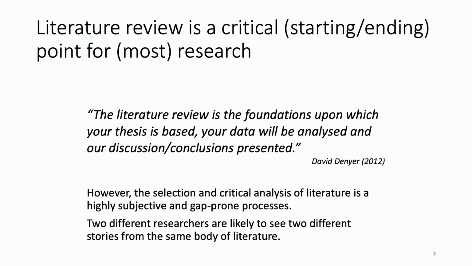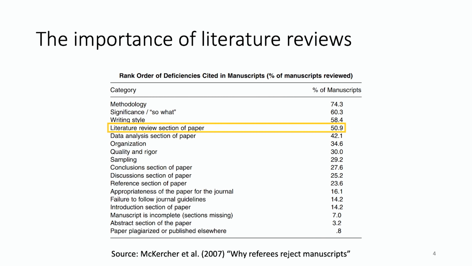But when it comes to rigor, this is potentially a problem. Literature reviews are very important. If you look, for example, at reasons why referees reject manuscripts, over 50% is just because the literature review section is not good enough.